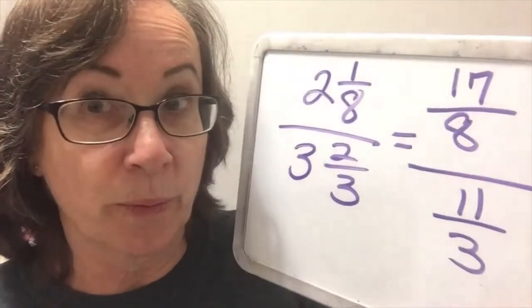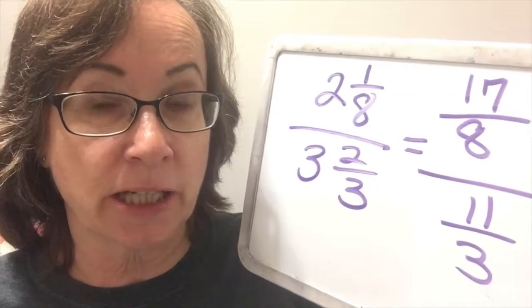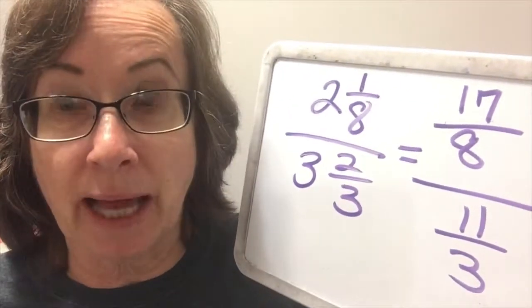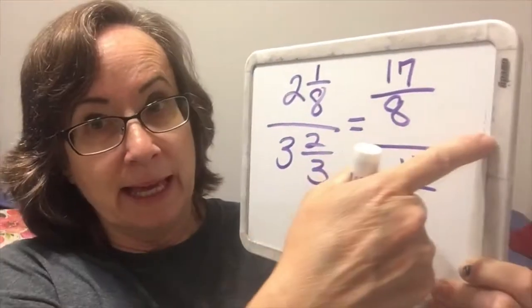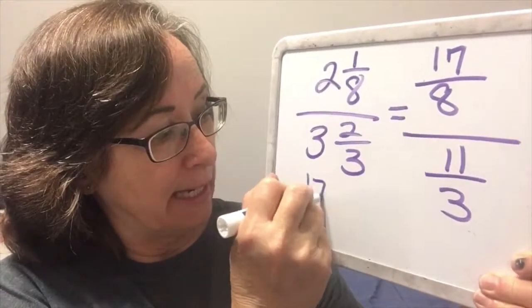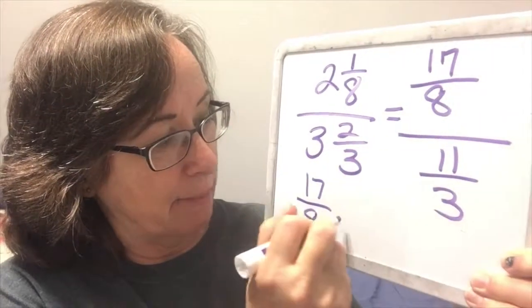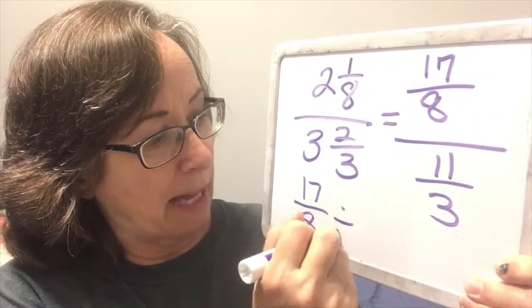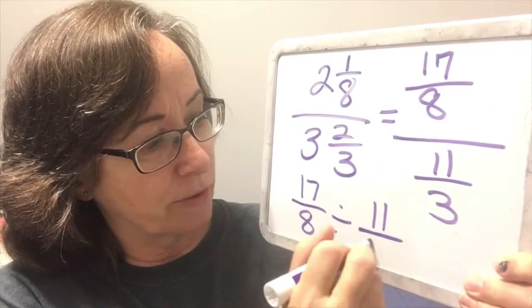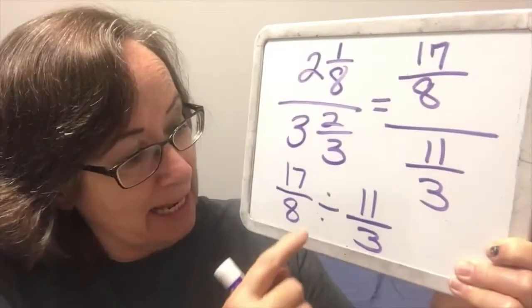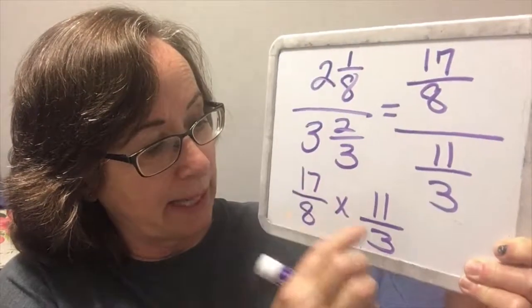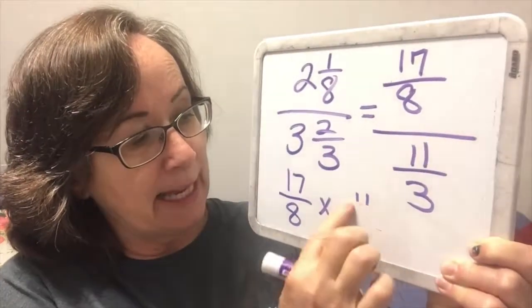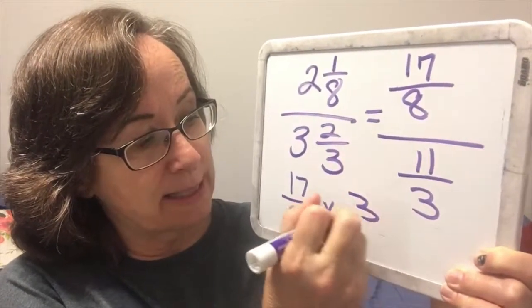Now we know that when we divide by a fraction, it's the same as multiplying by the fraction's reciprocal. So 17/8 divided by 11/3 is the same as turning this into multiplication and turning this into its reciprocal.